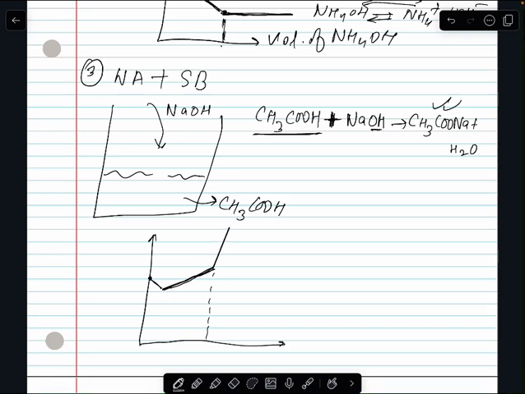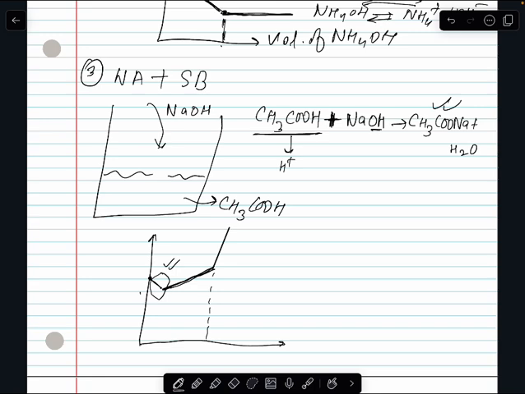Sometimes the initial part of the graph is not shown in the question. But the basic concepts remain the same. As CH3COOH is a weak acid, the H plus ion concentration will be very low, so we can skip this particular part. But in reality, when you do the experiment in the lab, you will get this part.